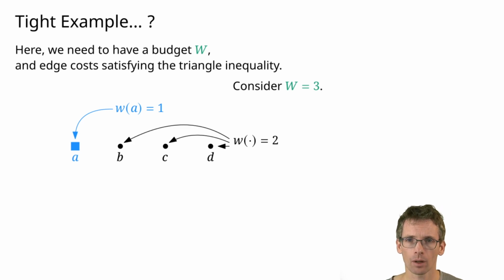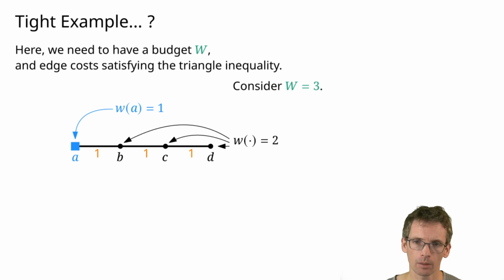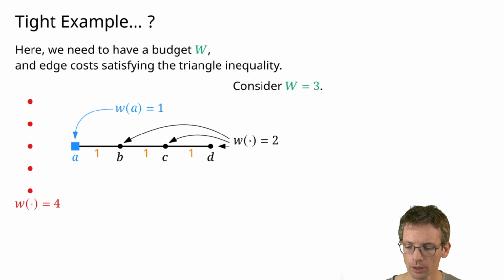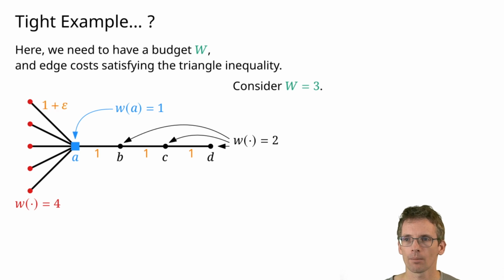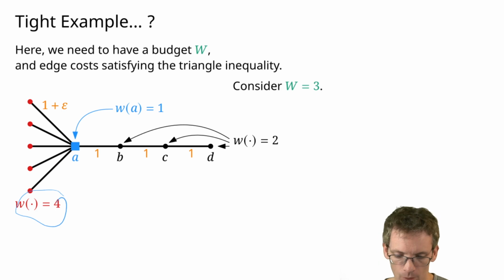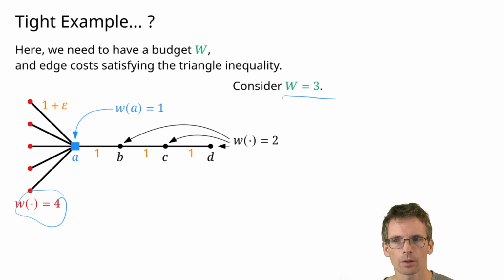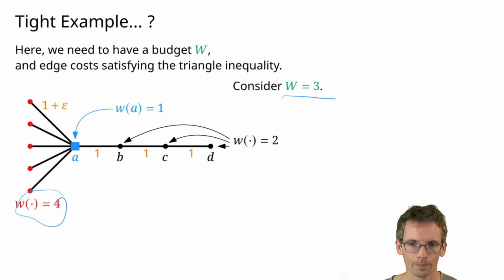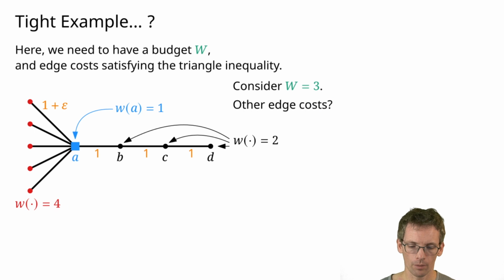And I have edges of cost 1 between A and B, and between B and C and D. And additionally, I have a bunch of vertices which all connect to A with a cost of 1 plus epsilon, and they all have weight 4. So from this we already can conclude, because our budget is 3, none of these vertices are allowed to be included in our solution. And now we of course should have a complete graph.